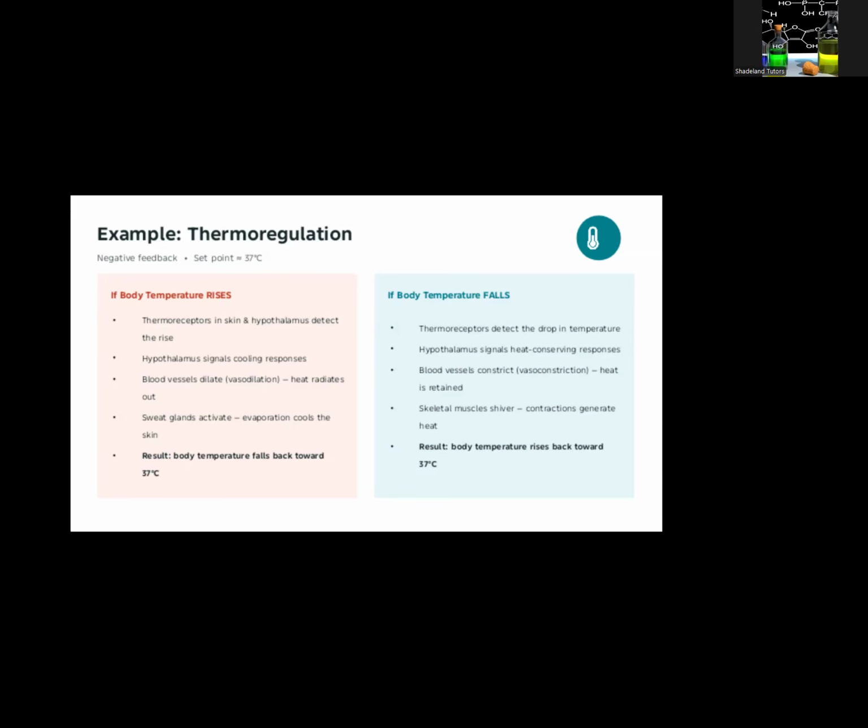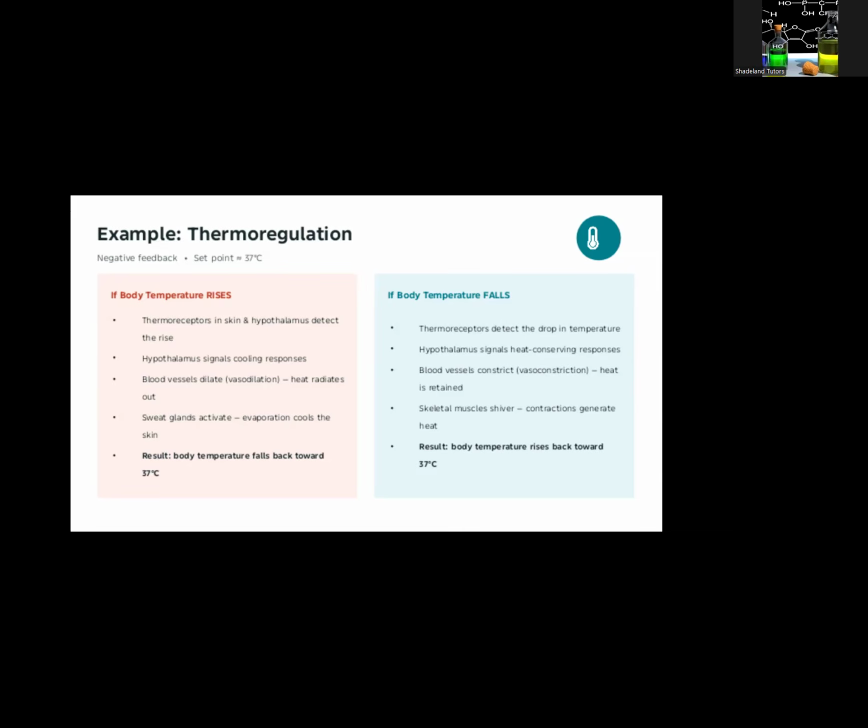Within the brain, there is this set of actions that are carried out by the heat loss center. The heat loss center will try as much as possible to return the body's temperature back to normal. So how does it do that? First, blood vessels dilate. We call that vasodilation. In vasodilation, the blood vessels near the skin surface start dilating. When this happens, a lot of blood starts flowing into the skin.